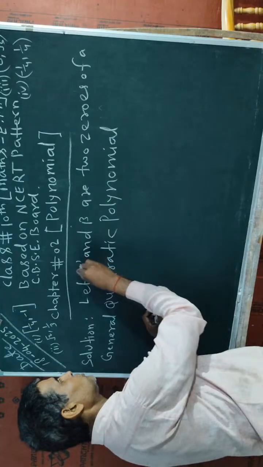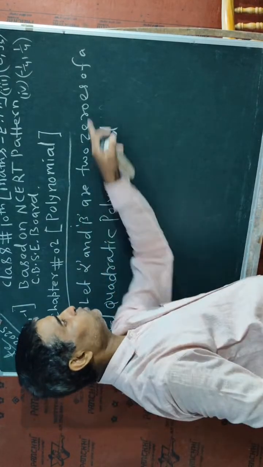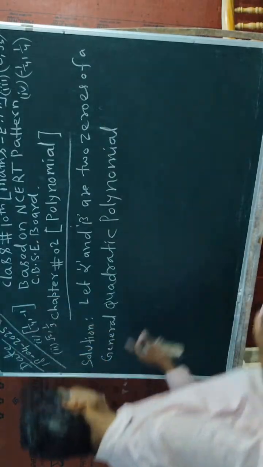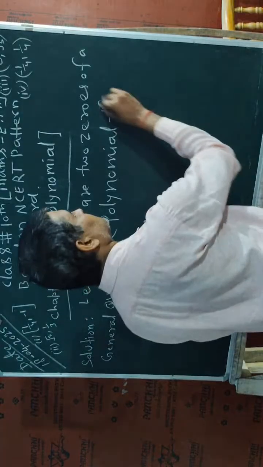Here I am going to put like this: alpha and beta are two zeros of a general quadratic polynomial.